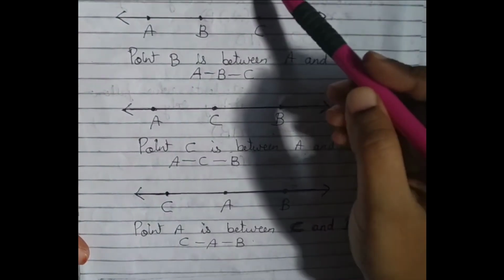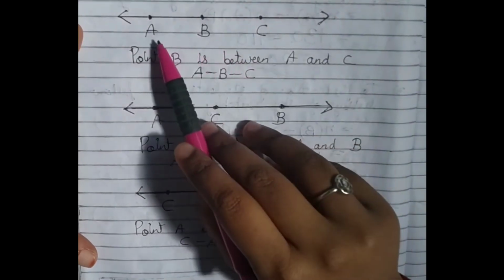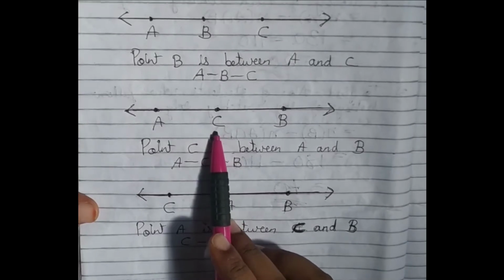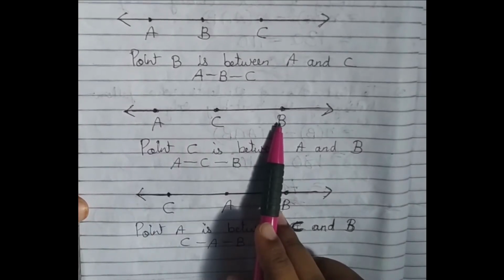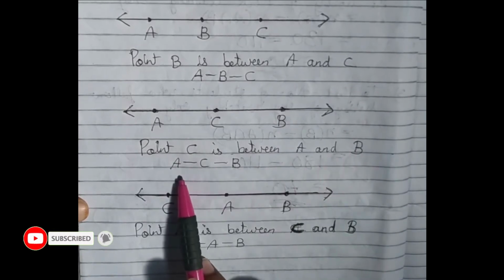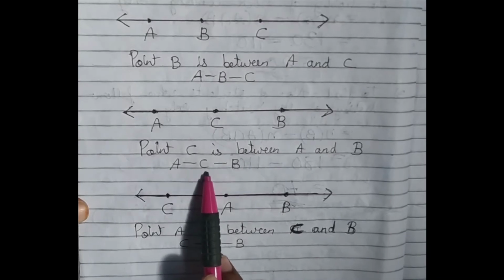Whenever we say betweenness, there are three possibilities. First, B is between A and C. Now the second case, point C is between A and B. How do we write it? A-C-B. This is how we denote the betweenness.